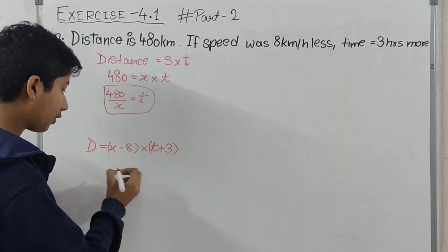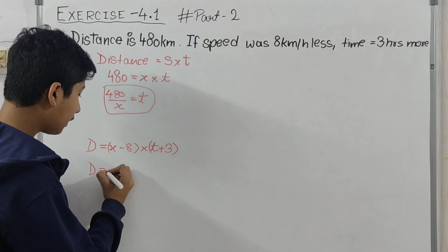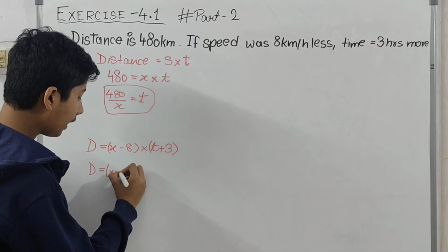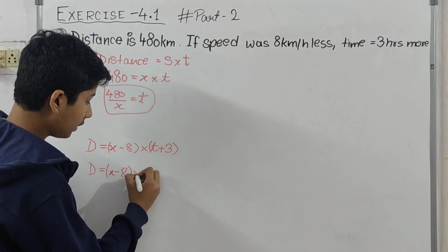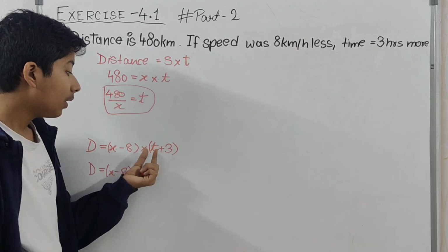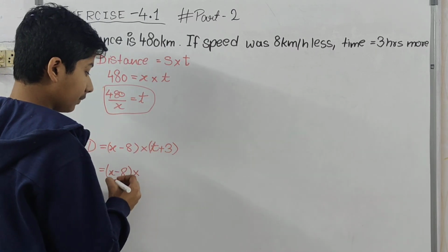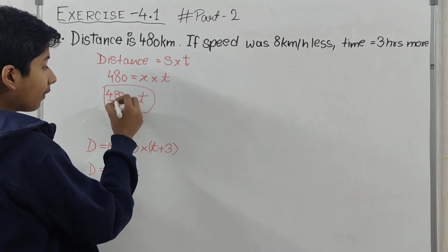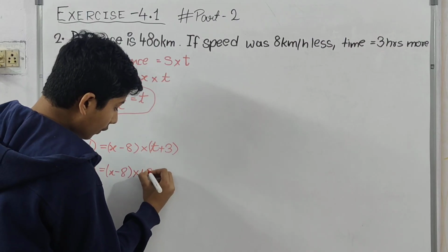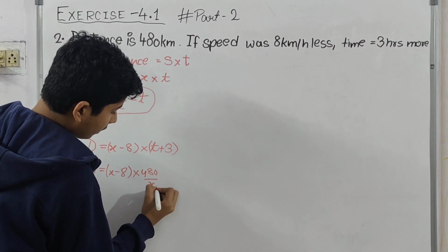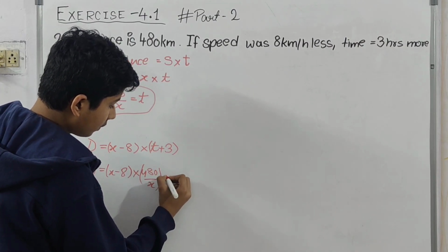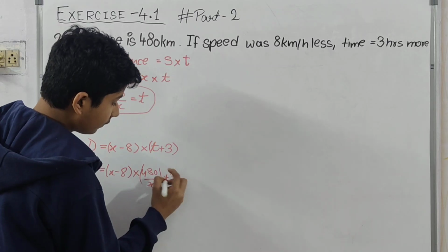Okay. Now we'll solve this. Distance equals to x minus 8 into, now here we'll put the value of t. So t was 480 upon x, 480 upon x plus 3.